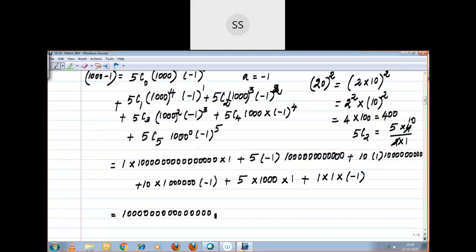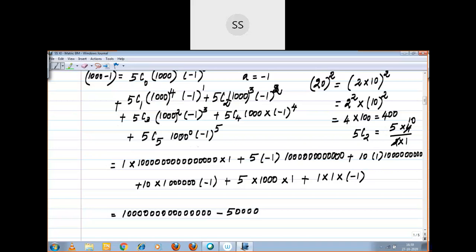Now we are going to simplify, right? Which is equal to 15 zeros. You have to be very careful. 6, 7, 8, 9, 10, 11, 12, 13, 14, 15.